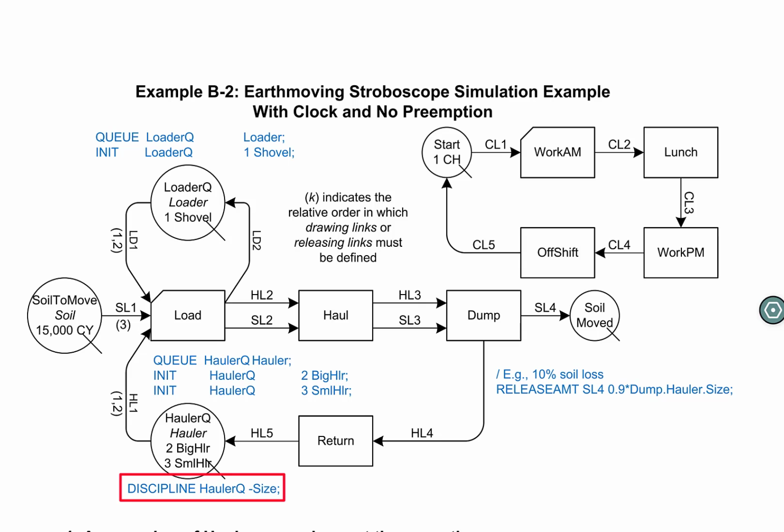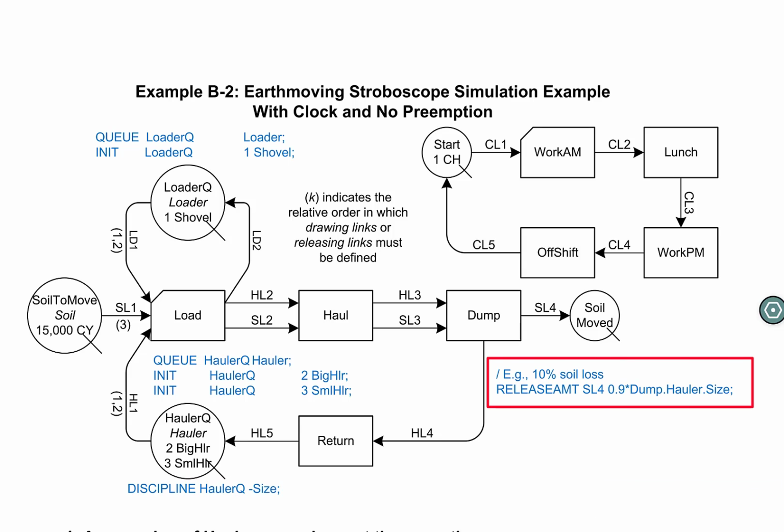In this case, minus size will produce a number that is smallest for the large haulers, the big haulers in this case, because their size will be minus 20 and it will be smaller than the minus size of the small haulers, which will be minus 10.